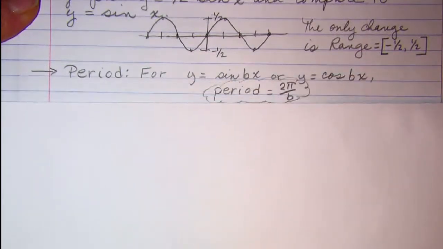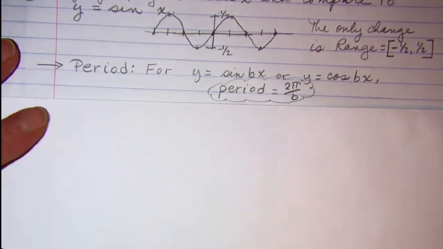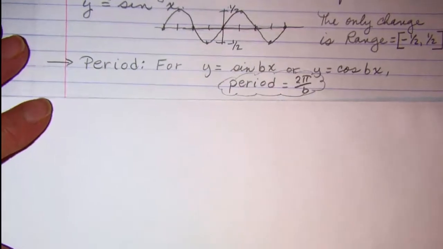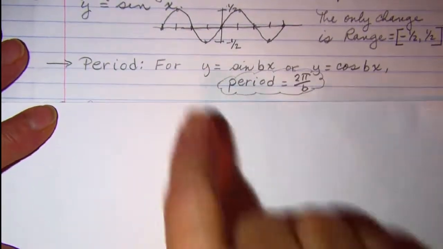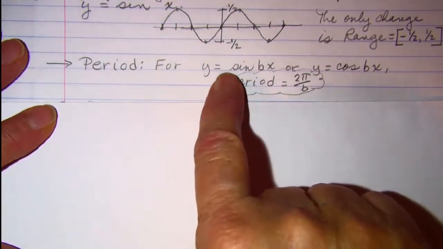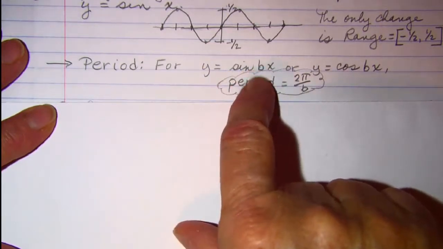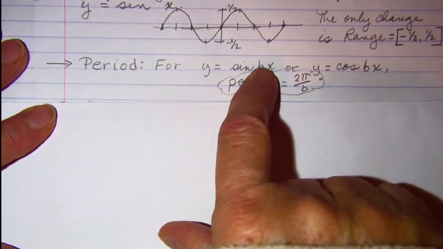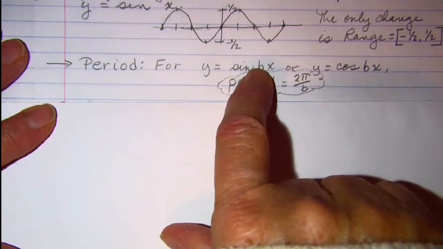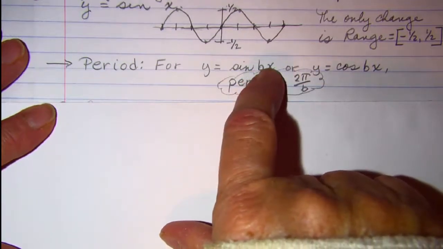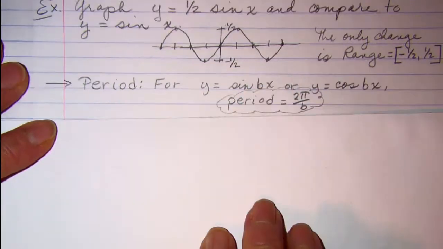Next, we're going to talk about period. Period for y equals sine bx. Notice that the number that we're going to have in our equation is the coefficient of x this time.